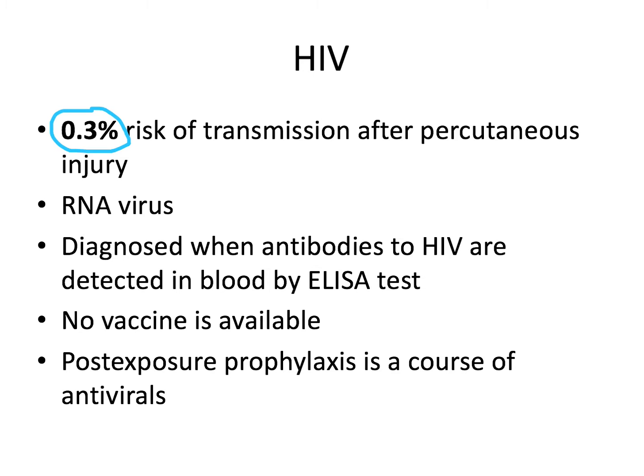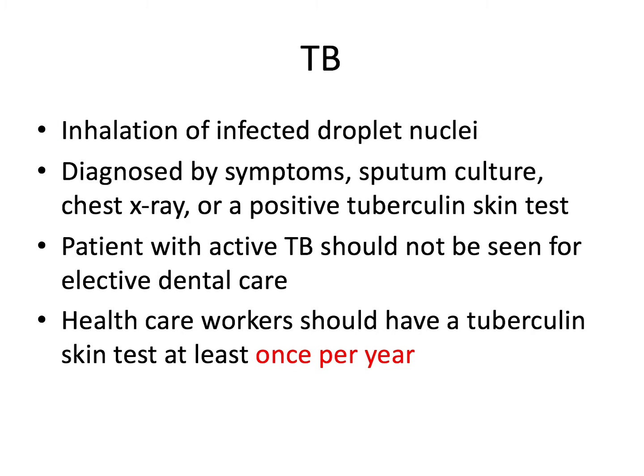This one's diagnosed when antibodies to HIV are detected in the blood by an ELISA test. So that's a nice high-yield thing to remember, HIV and ELISA. No vaccine is available for it, and post-exposure prophylaxis is a lengthy course of antivirals. Again, not cheap.